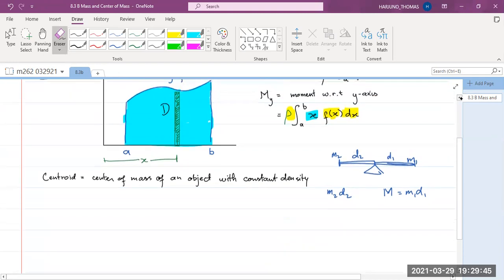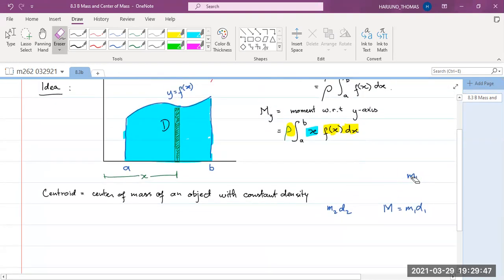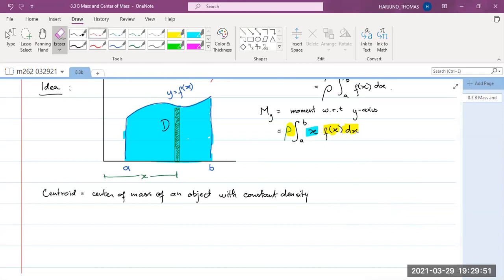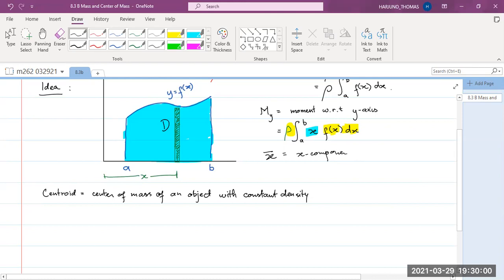Now the center of mass on the x-axis, denoted by x bar, the x component of the center of mass, is equal to the moment with respect to the y-axis divided by the mass.